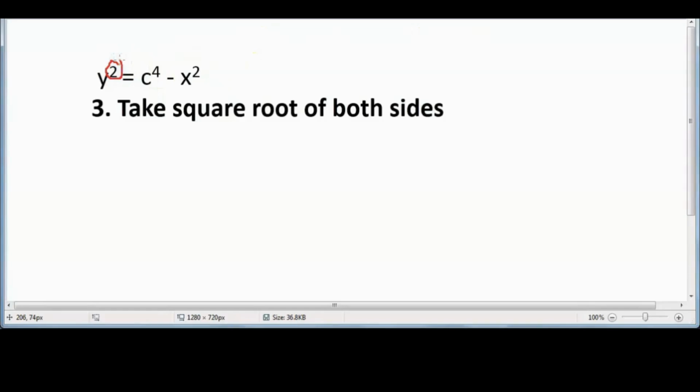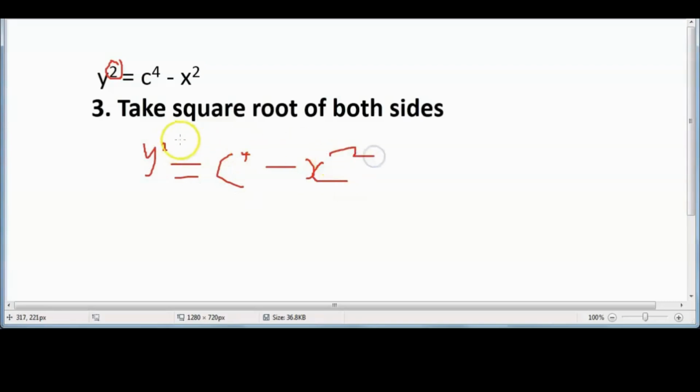So this means that the relationship is a square. So we're going to take the square root of both sides, because the opposite of a square is square root. Initially we have y squared equals c to the power of 4 minus x squared.